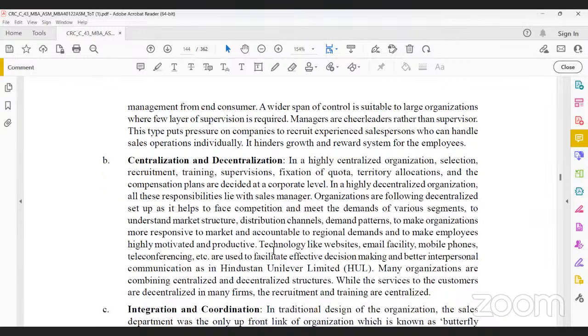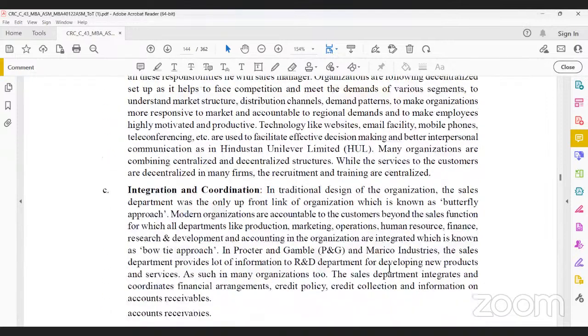You can take Hindustan Unilever as an example. Some companies follow centralized systems and some follow decentralized systems. Technologies like websites, email, mobile phones, and teleconferences are used to facilitate effective decision making and better interpersonal communication. Like Hindustan Unilever, many organizations are combining both centralized and decentralized structures.